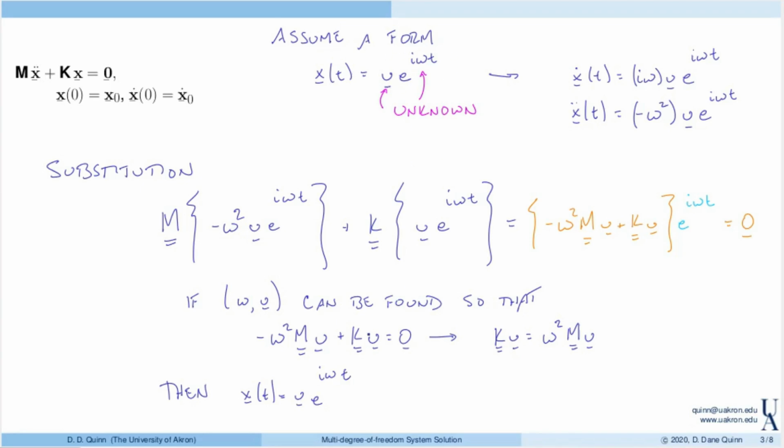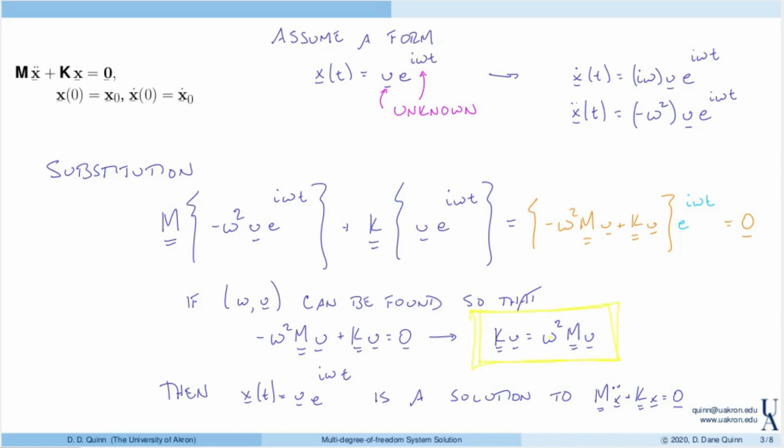So this assumed form is a solution to my original equation of motion, which is m x double dot plus k x equals 0. So really the critical thing that we have to deal with is this.